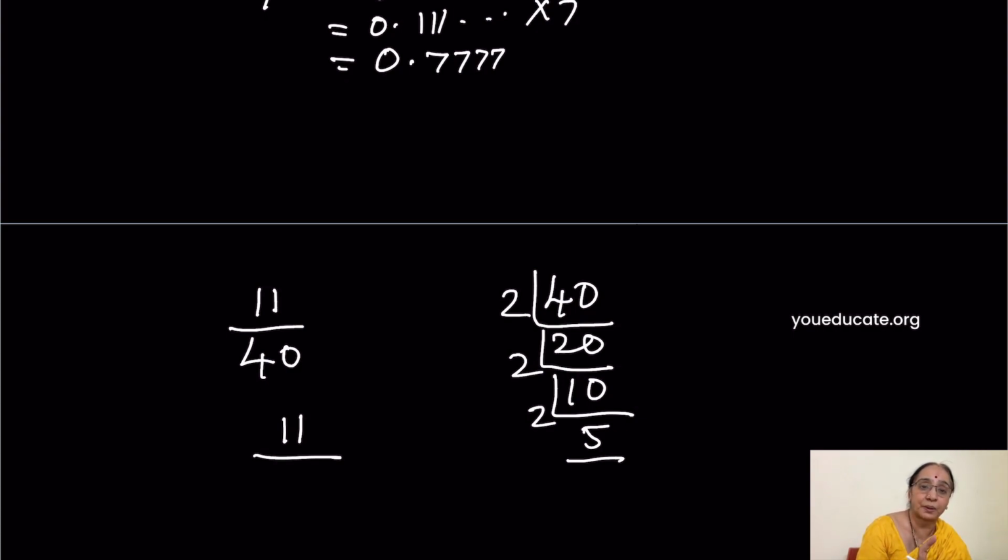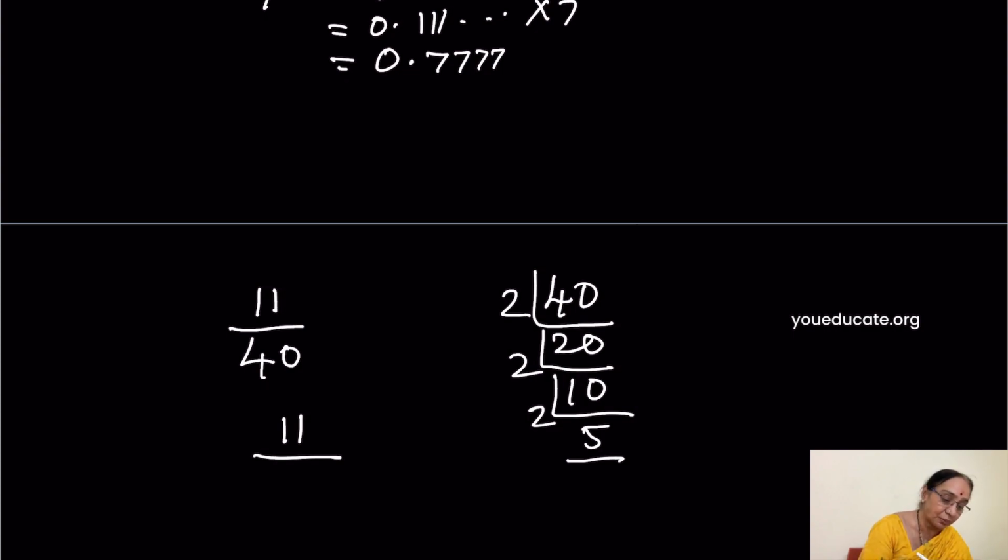Now what are co-prime numbers? Two numbers that have just 1 as the common factor. So here 11 and 40, you cannot simplify it any further, because 1 is the only common factor between 11 and 40. Right. So first see if it is in the simplified form.